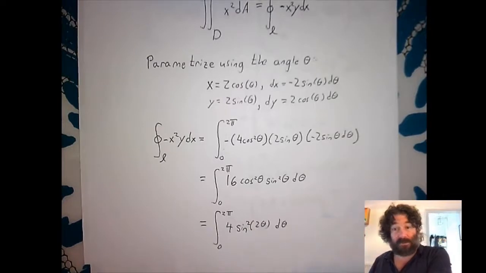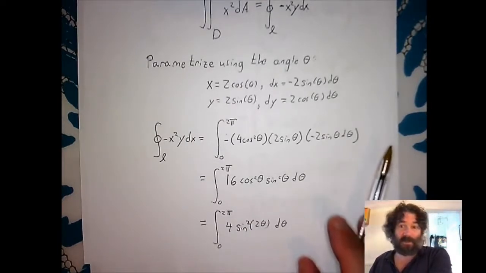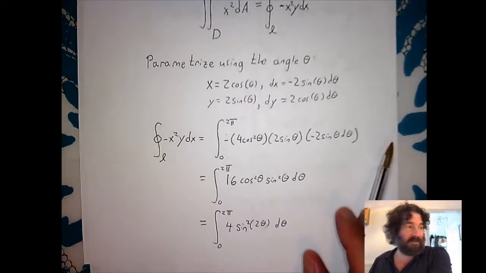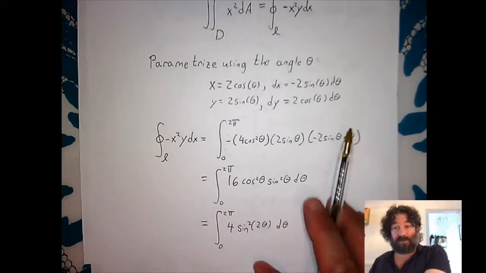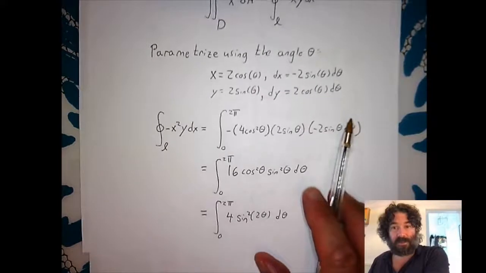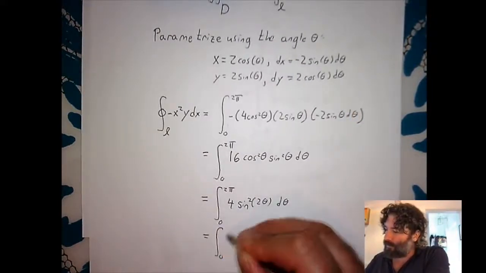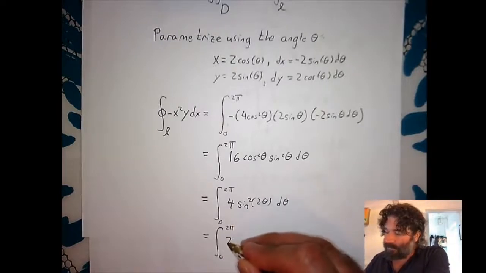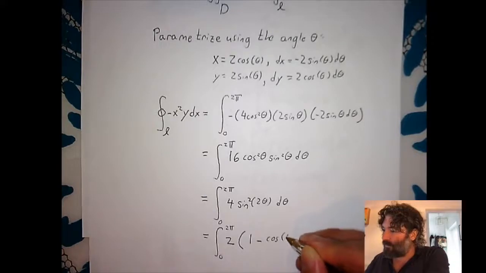And then you have to use the trig identity again in order to simplify this sine squared of 2 theta. And the identity you use is that sine squared of 2 theta equals 1 minus cosine of 4 theta, divided by 2. It's another version of the double angle identity for cosine. And so you get the integral from 0 to 2 pi of 2 times 1 minus cosine of 4 theta d theta.